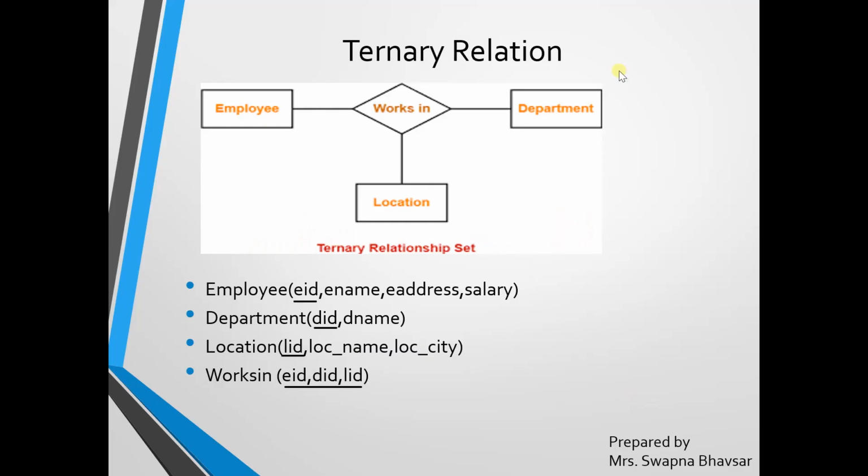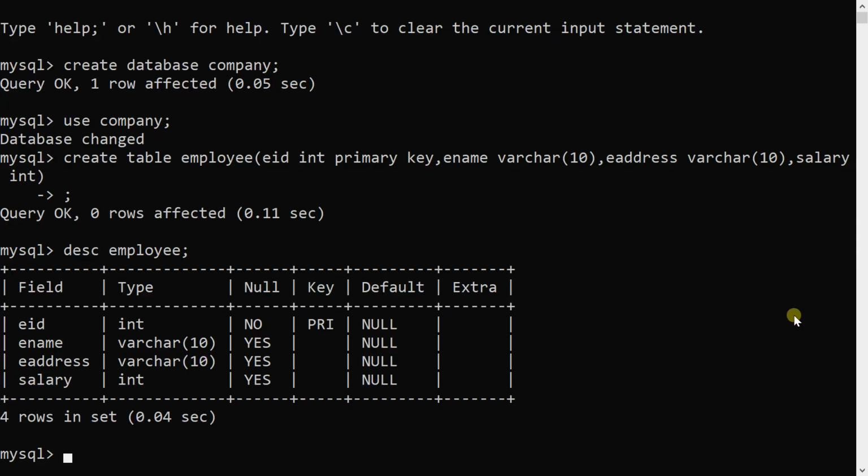Now what is my second table? It is department with DID and DName attributes. How will I create it? Create table department in bracket DID, for example int, and then primary key. I can have varchar also for DID, comma DName, and then varchar.